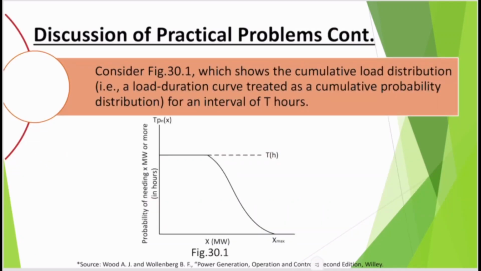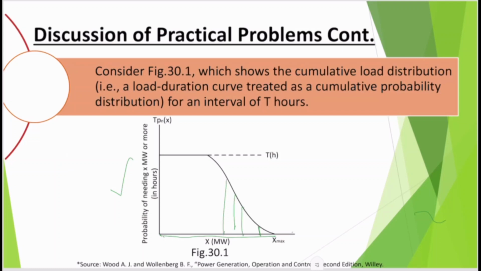Now let us focus on figure number 30.1, and it very clearly shows the probability of needing X megawatt or more versus the load. Here you can see that if the load is going to be very, very high, then the probability of needing X megawatt or more becomes very, very less.